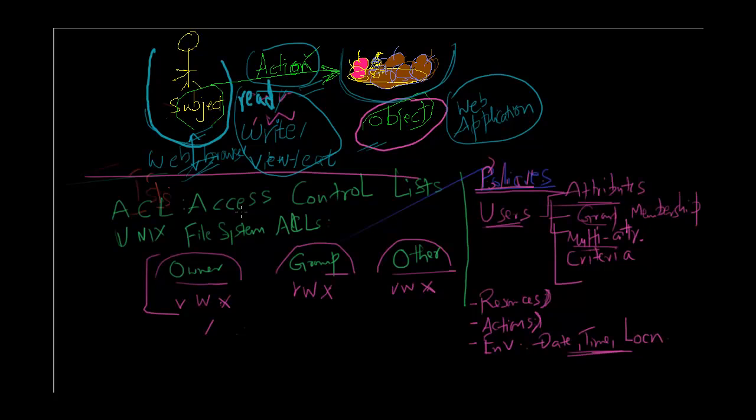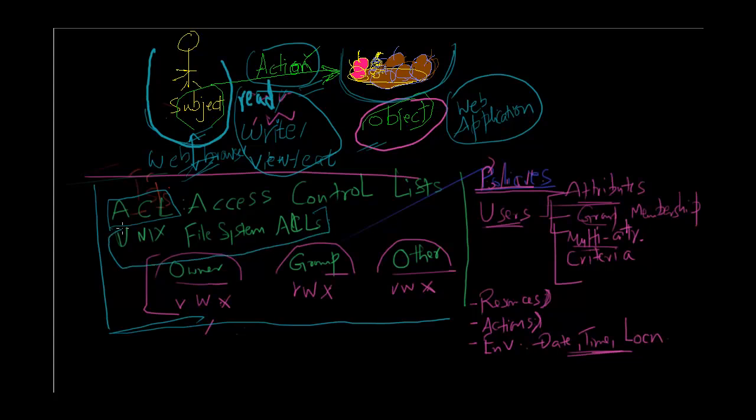Now, access management is not anything new. It has been around for quite a while, ever since we have had security on things, physical security, logical security, and so on and so forth. One of the basic mechanisms that we have traditionally used is what is known as ACLs, or access control lists. Unix file system ACLs come to mind off the top of my head.